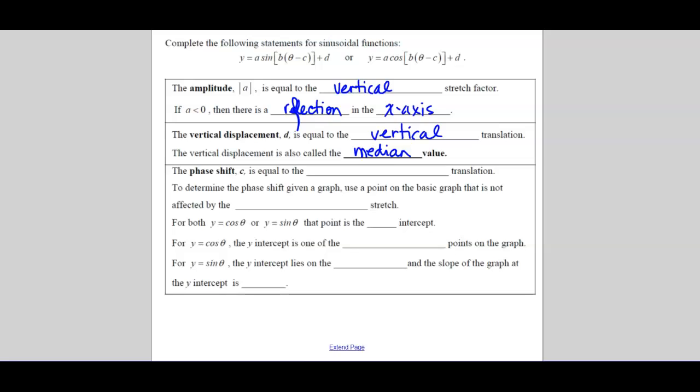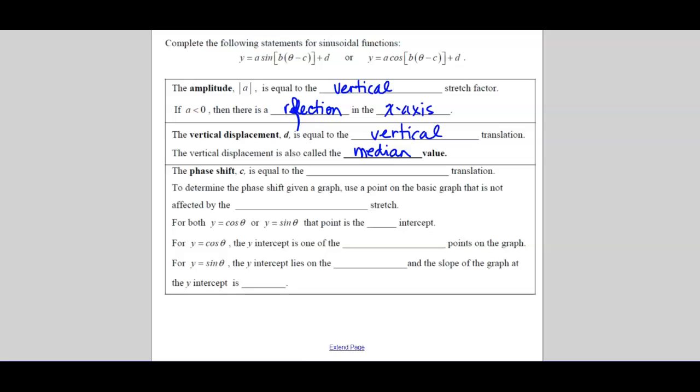Well, it's the middle value between your maximum and your minimum. It's the median value. You might see the odd time ask for the midline value. Again, it's the same. If the value is just the number, it asks for the equation of the midline, or just what is the midline? It's a line, so you need an equation. Okay, so that would be y equals d.